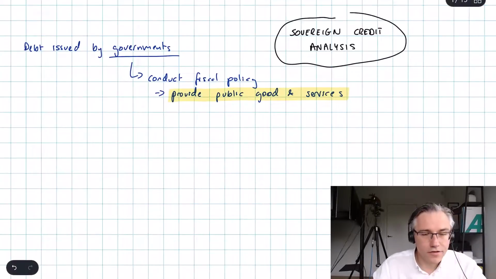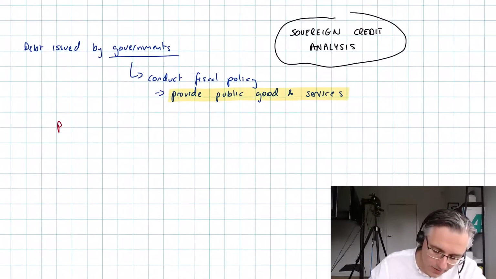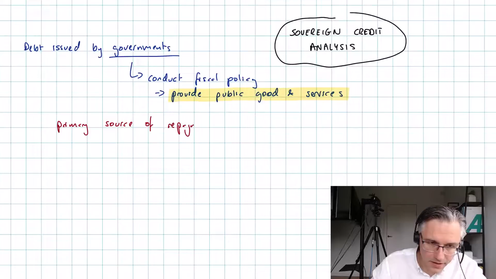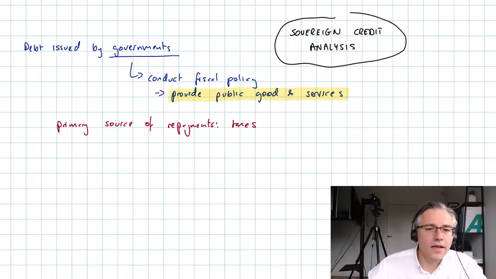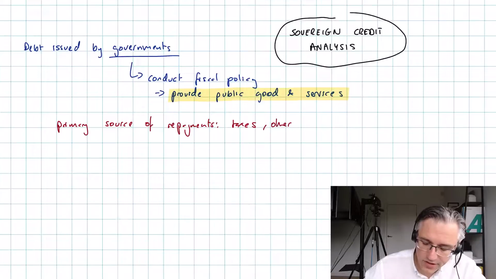Whereas the primary source of repayments in the case of governments is going to be things like taxes and other government revenue. It's not just taxes. Governments can generate other forms of revenue as well.